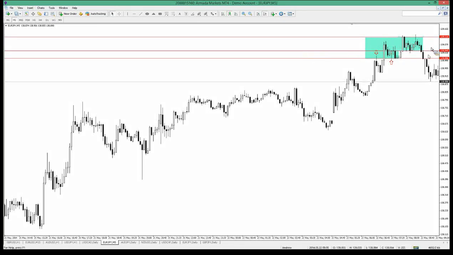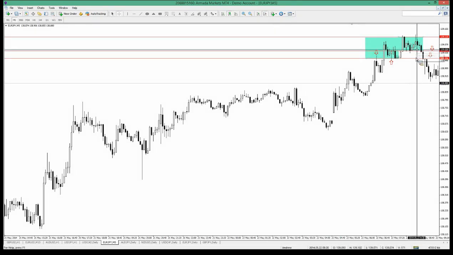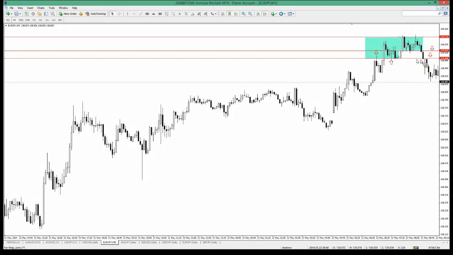Now price starts to break down, so what I'm looking for is a pullback to get short. In this instance, we're either going to look here or here. Because there's only a 3 pip difference between the upper range and the lower range, I could look at a sell limit here at 139.00, and I have a reference point to put a stop loss.